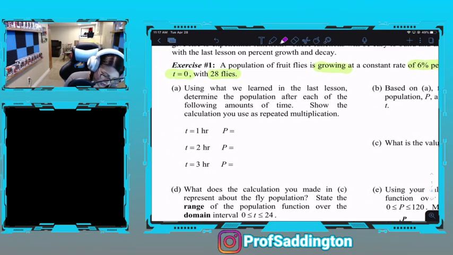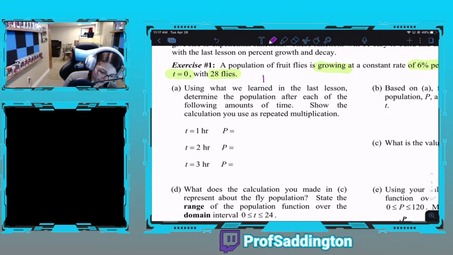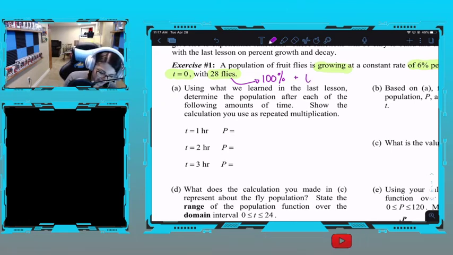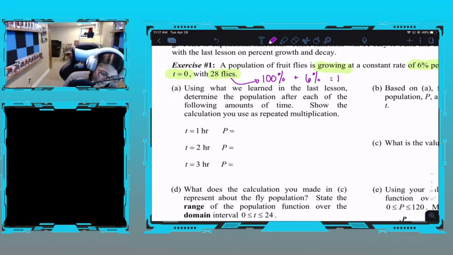If we're doing growth, remember, we always start with 100% because that's our original population. Since it's growth, we're going to combine that with 6% to get a value of 106%.